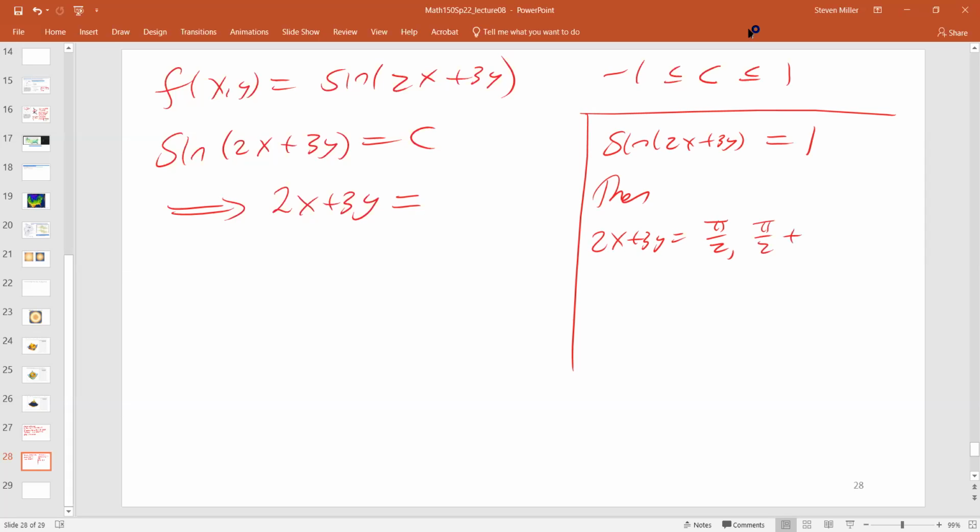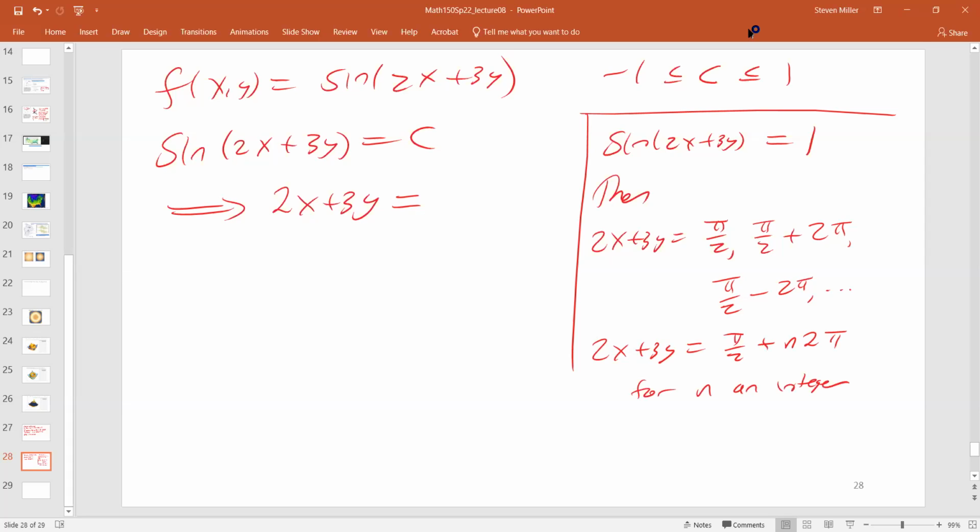So when else could it be? Pi over 2 minus 2 pi, and so on. So it's actually going to be 2x plus 3y equals pi over 2 plus n times 2 pi for n an integer. So you're going to have lines.